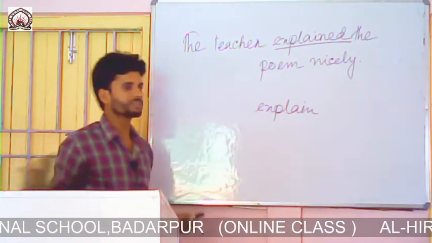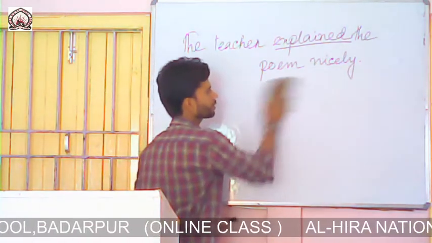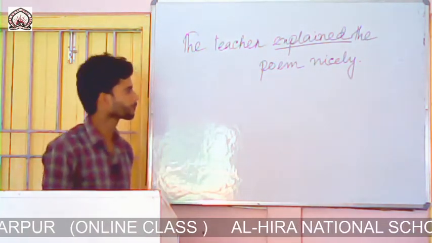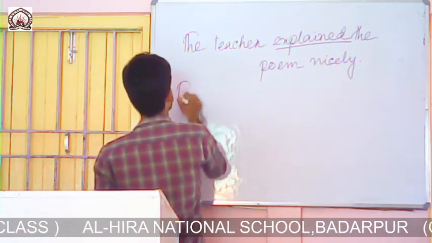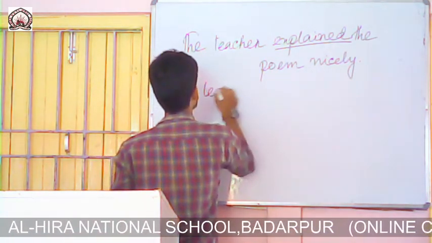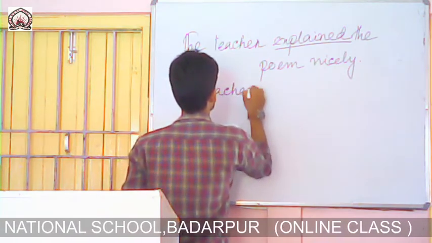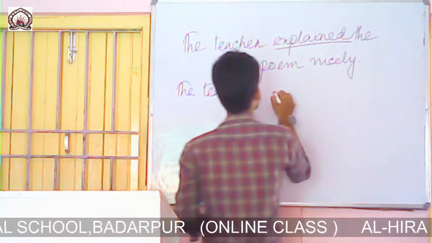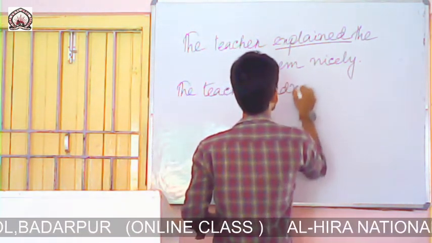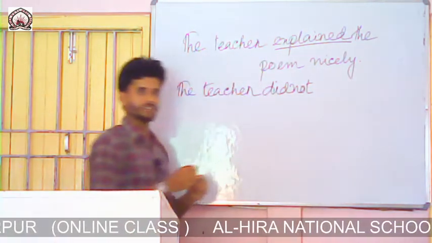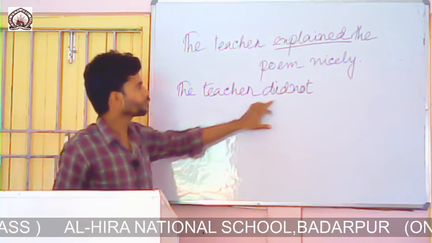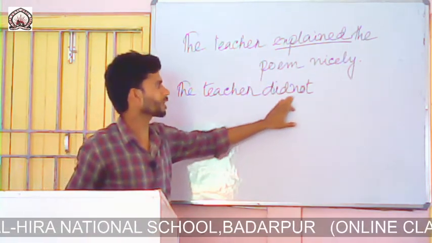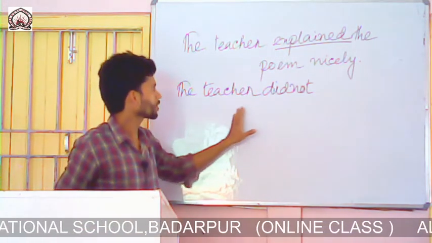So what to do in this case when the verb is in past tense? Very easy. After writing the subject, the teacher, we are to use did. Whenever the verb is in past tense, we use did, and after did we write not.